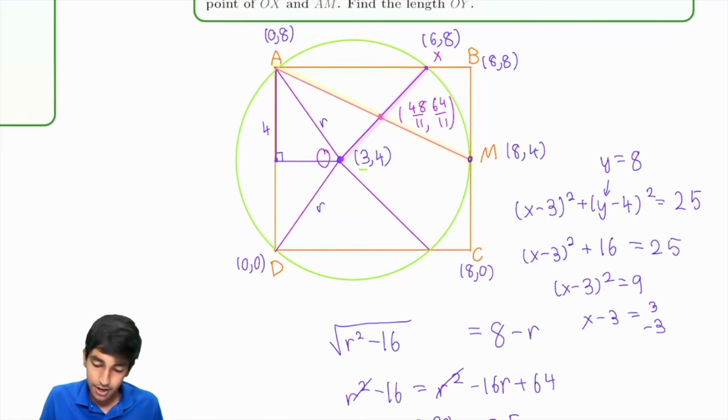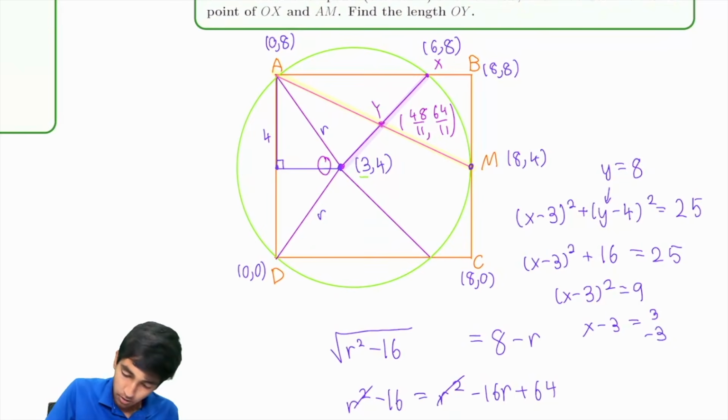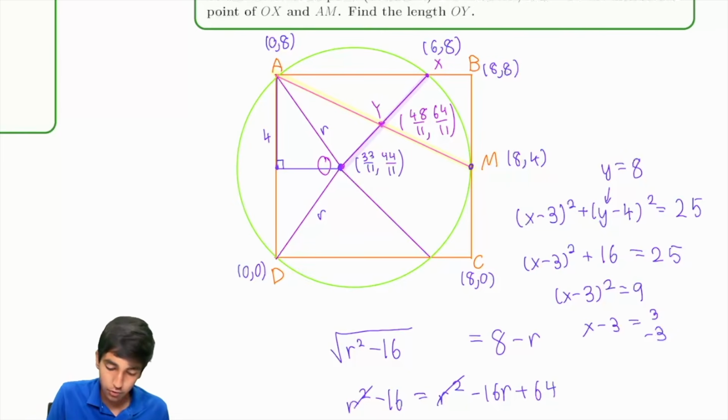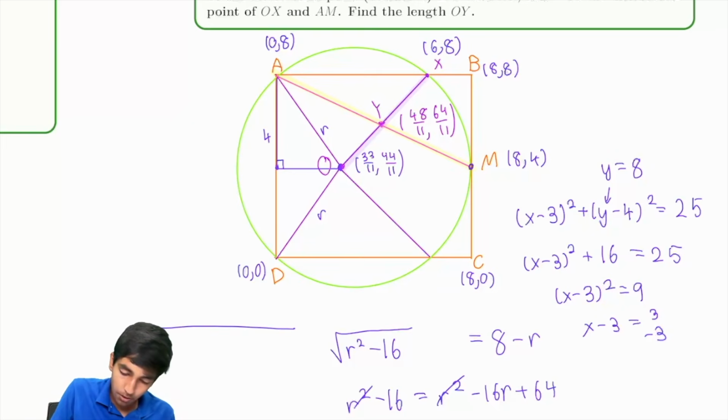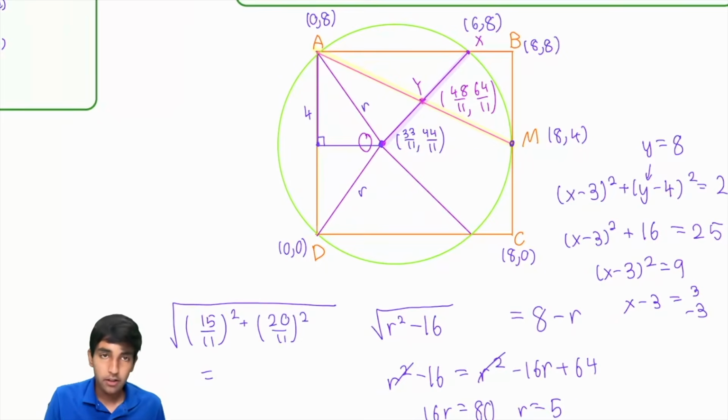Now, we want to find the distance between O and this point, which is Y. What do we use? Distance formula. So let's just rewrite this, 3 and 4, as 33 over 11 and 44 over 11, so we can do our distance formula. Now, distance formula, 15 over 11 squared plus 20 over 11 squared. Okay, so now, what is this?